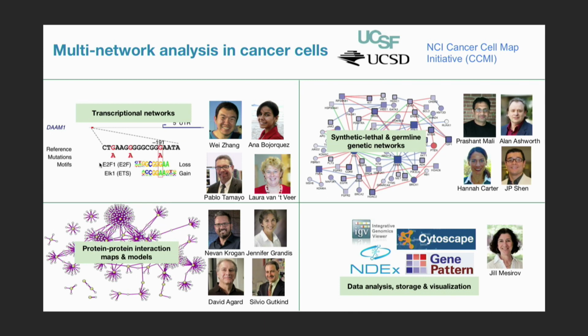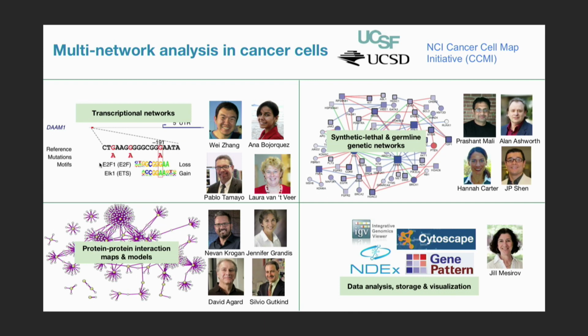But nonetheless, we have aspects of the center that are both mapping and attempting to use different kinds of maps in genome analysis. So one is transcriptional networks. I mentioned protein-protein interaction networks. There's also, and I won't talk much about this today until maybe the very end, so-called synthetic lethal networks. These are logical connections between mutations, not physical connections between mutations.